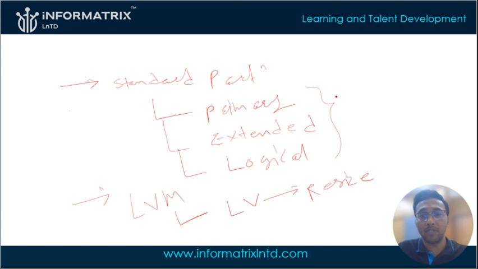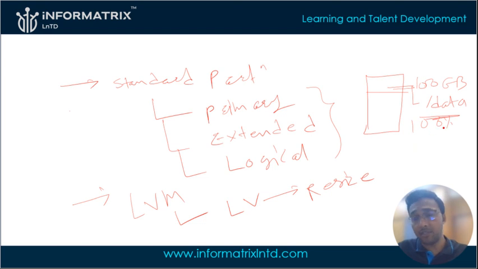If you have created a partition of, for example, 100 GB and it is mapped to, for example, slash data, and it is 100% utilized, then you cannot extend this particular partition. So the next write operation will not happen and it will impact your application or whatever operation is going on.